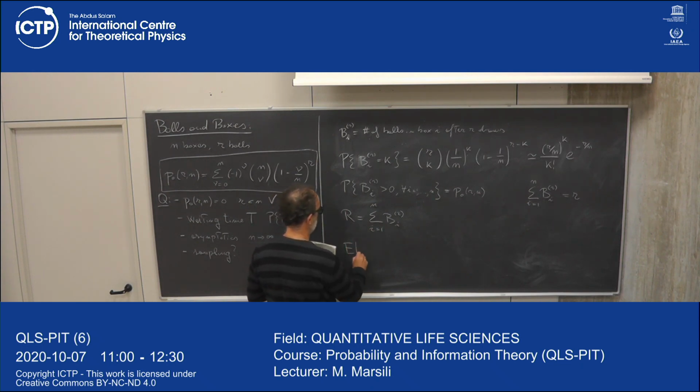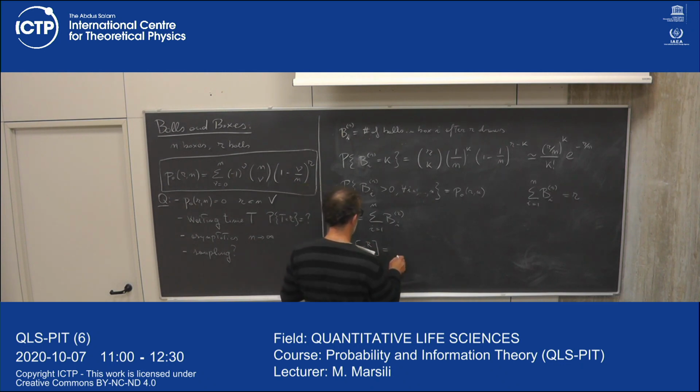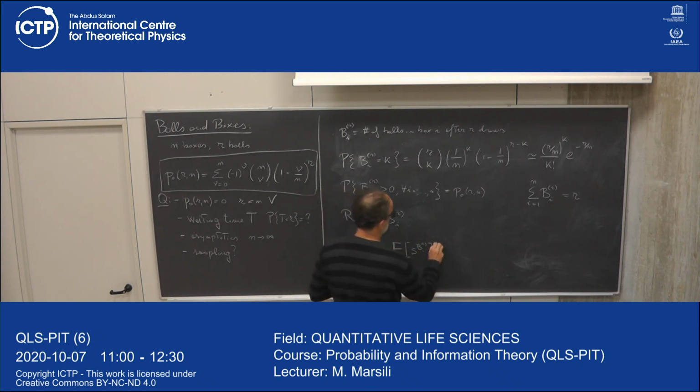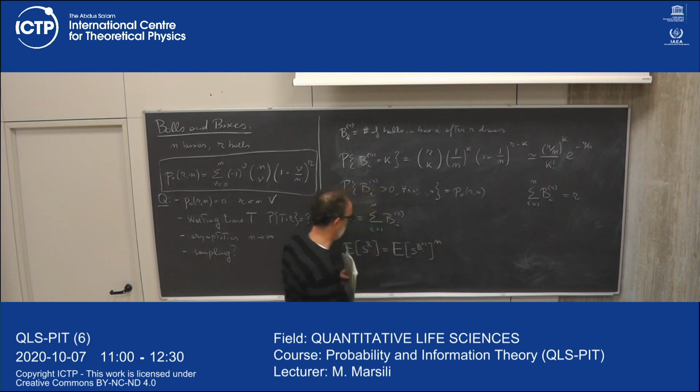You know that the expected value of s to the R must be equal to the expected value of s to the Bi(R), and if these are all independent, then this must be raised to the power n.